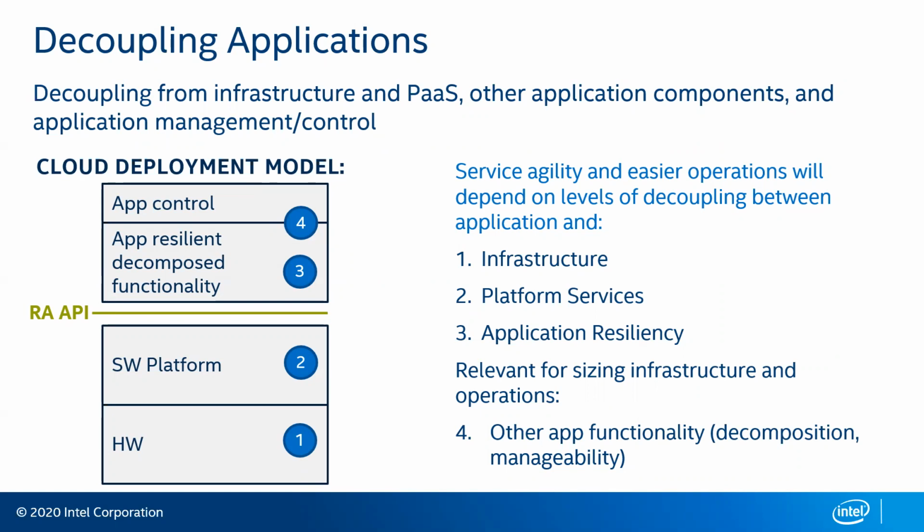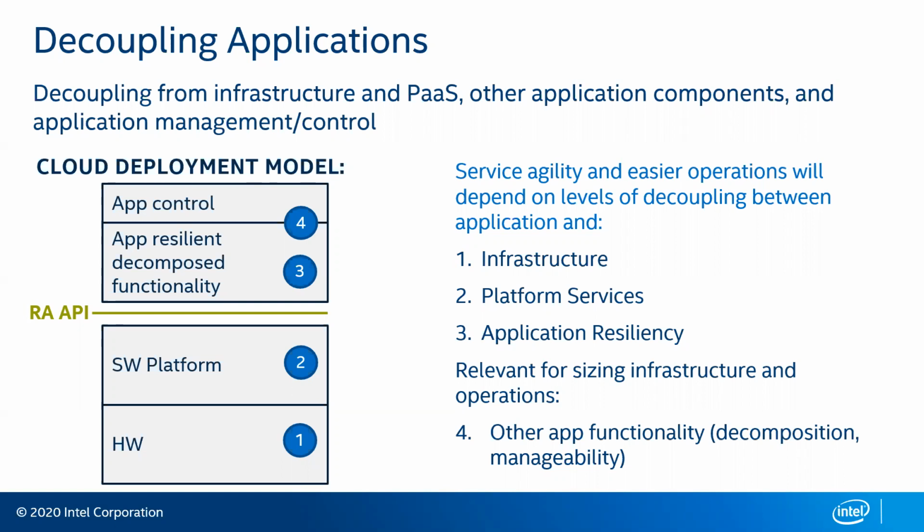So now when we looked at what it takes to onboard something on it, keeping in account learnings from many years of NFV, especially the target that is written here of service agility and easy operations, we are super sensitive on properly decoupling applications from the infrastructure, other platform services, and also applications from other application components.